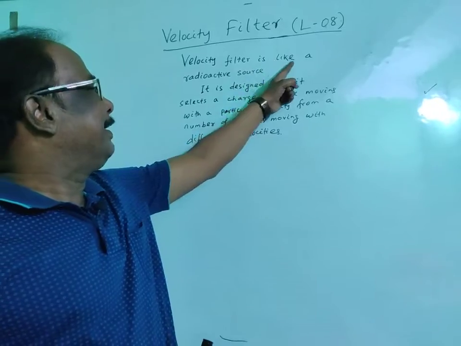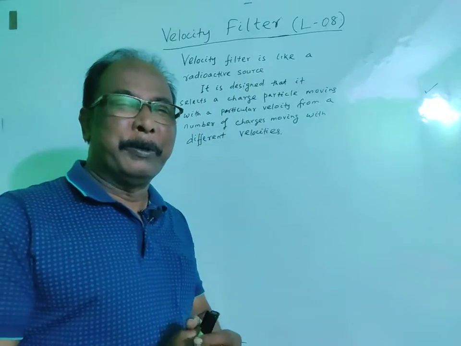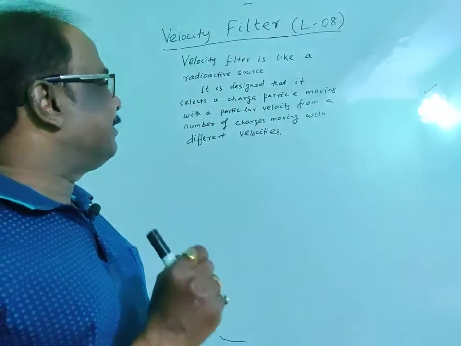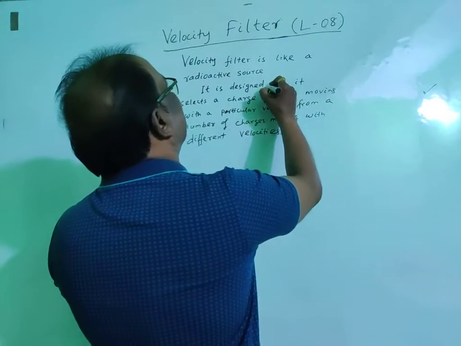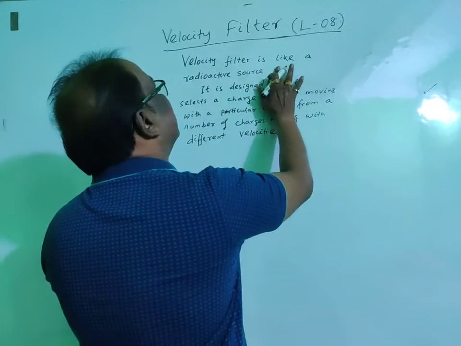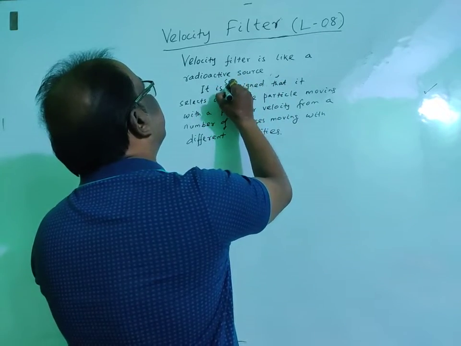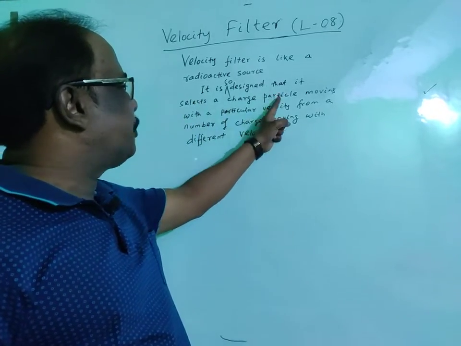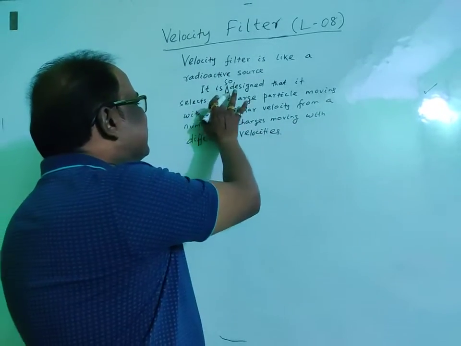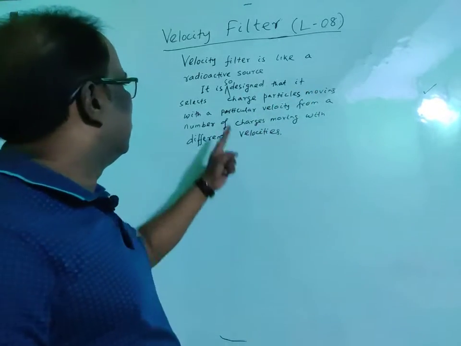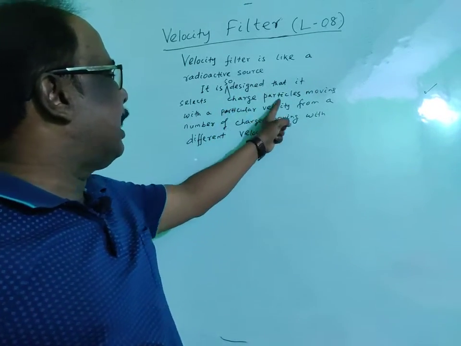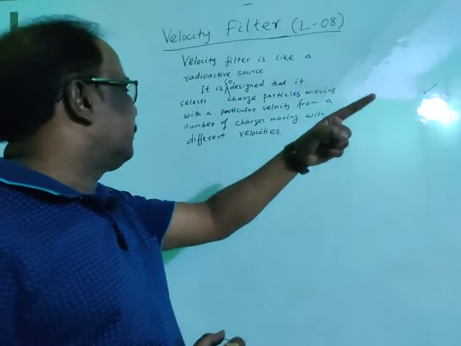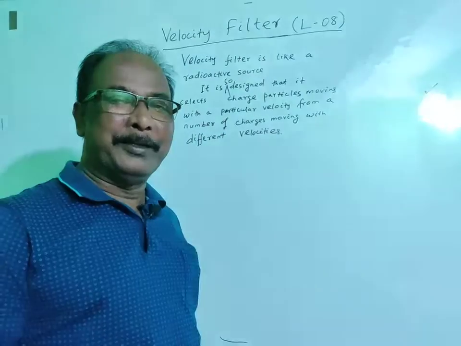A velocity filter is a device so designed that it selects charged particles moving with a particular velocity from a number of charges moving with different velocities.